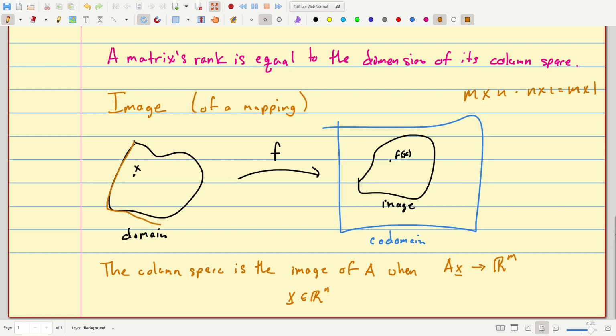So here we have all of Rn, and here we have the subspace of Rm that gets mapped to under the transformation of A when I apply it to any vector in Rn. Ideally, the image is equal to the codomain, but that doesn't always happen.